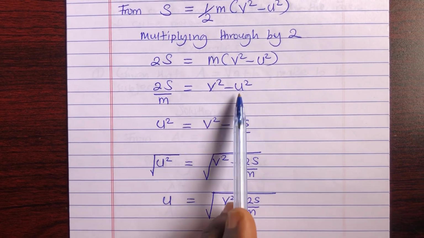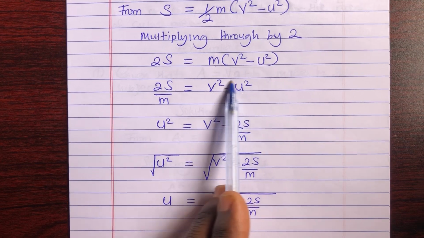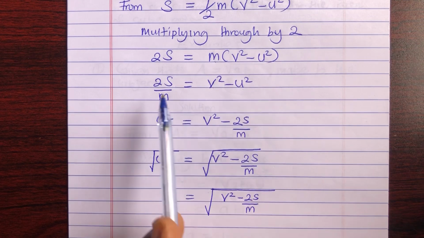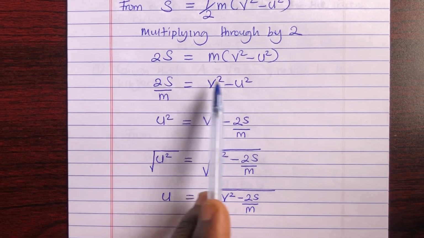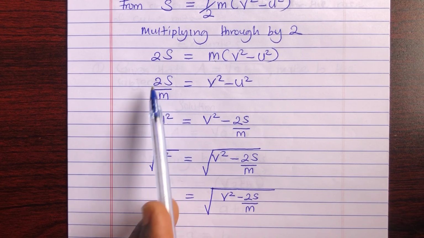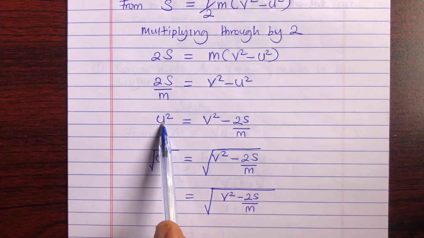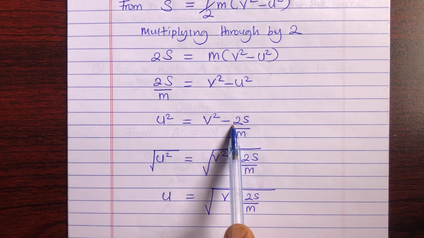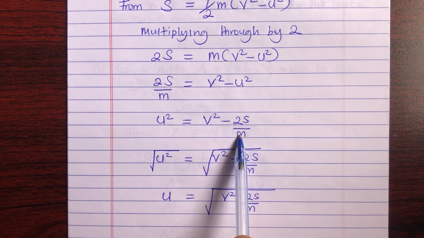So here we brought u squared to this side and it became positive since it was negative. Then we brought this one to the other side to become a negative since it was a positive. So we end up with u squared equaling to v squared minus 2s over m.